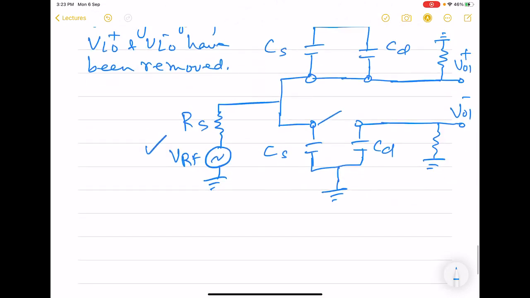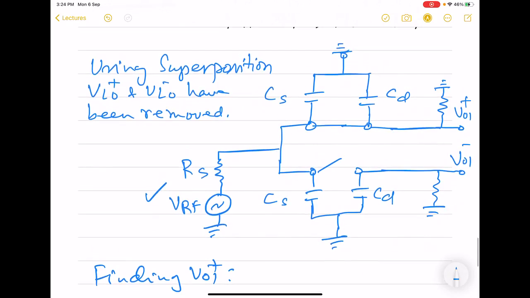So now, finding VO1 plus. Here we can see that now we have a network of R and C. Here we have RL, and on the input side we have RS, and then CS and CD.